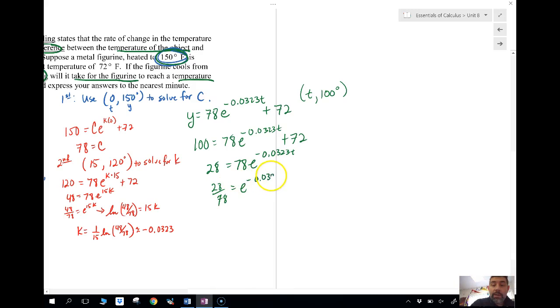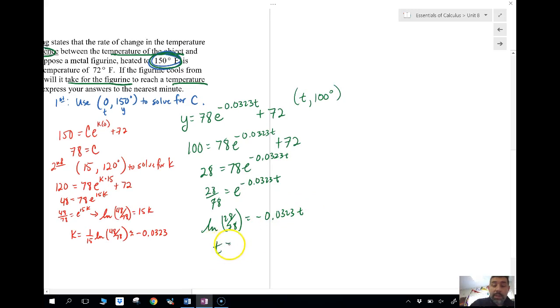And then almost finally, take ln. We'll get negative 0.0323t, and then we're going to divide it to both sides.